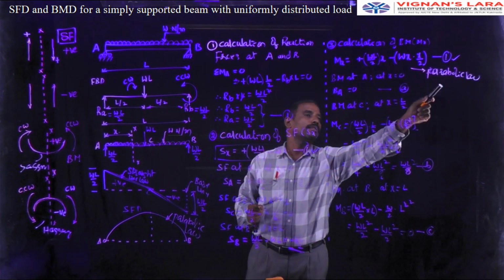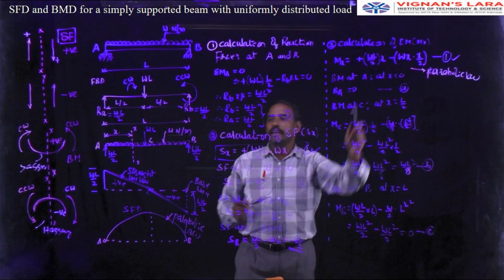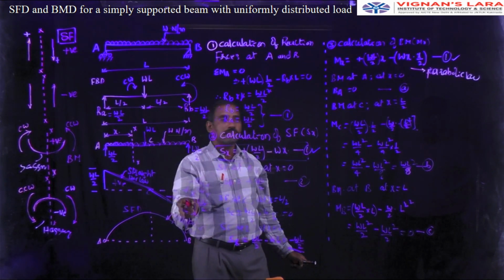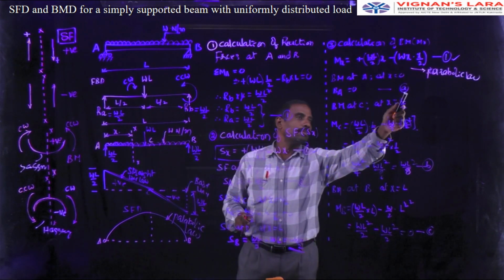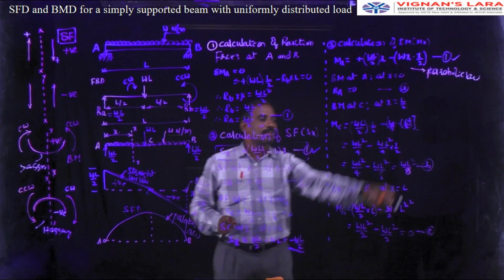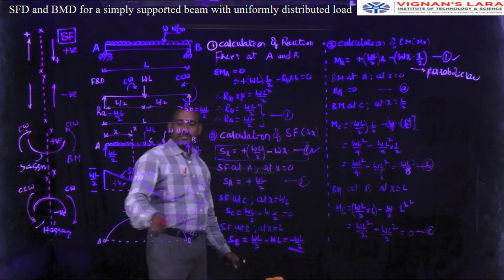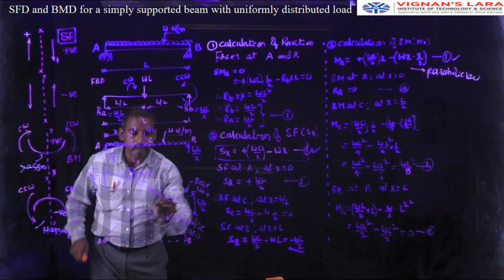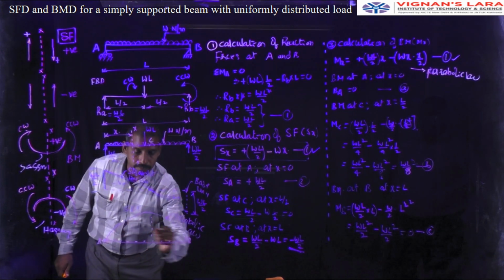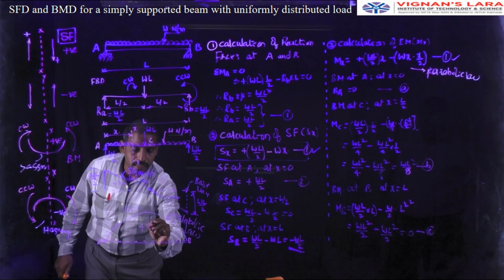It follows the parabolic law, and then you can find out the bending moment at the salient points A, B and C. Based on those values, you can plot the bending moment diagram with a parabolic shape above the baseline since it is positive.